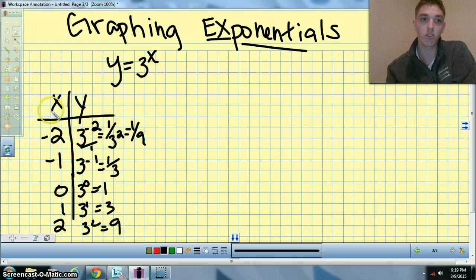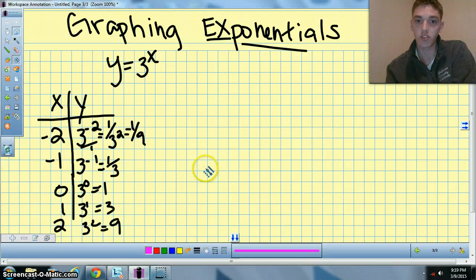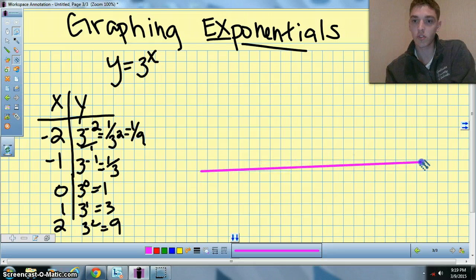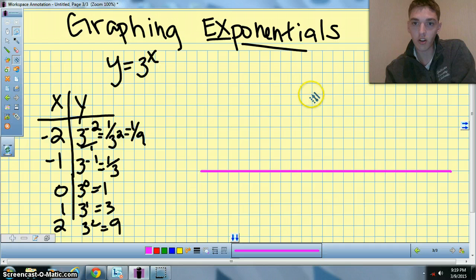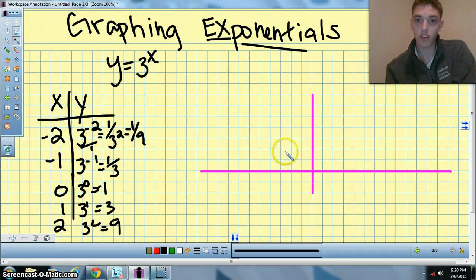Okay, so now looking at the graph of this. We've got our x-axis here, we've got our y-axis here.